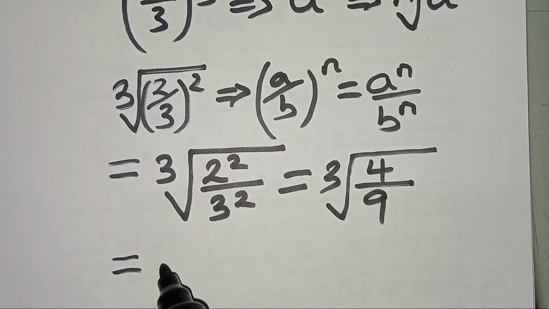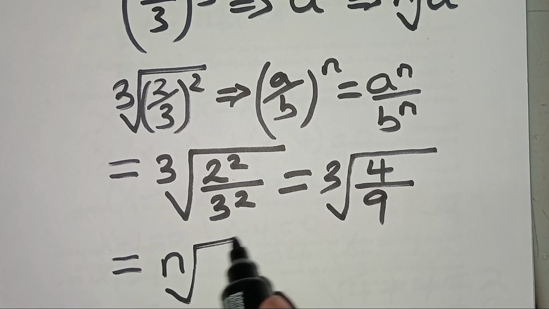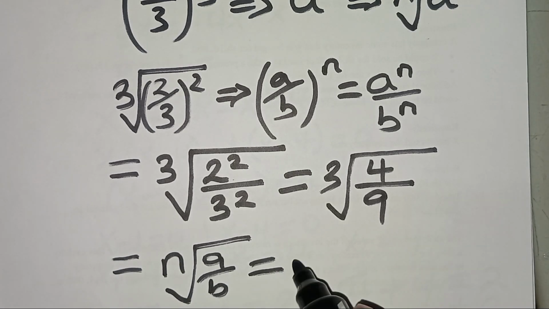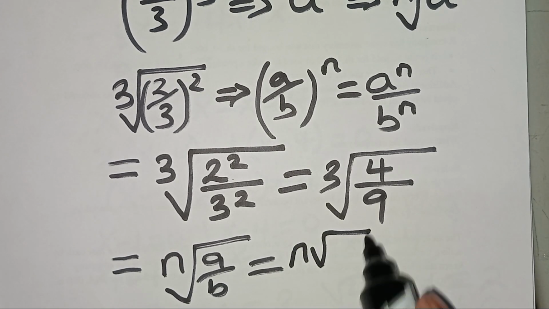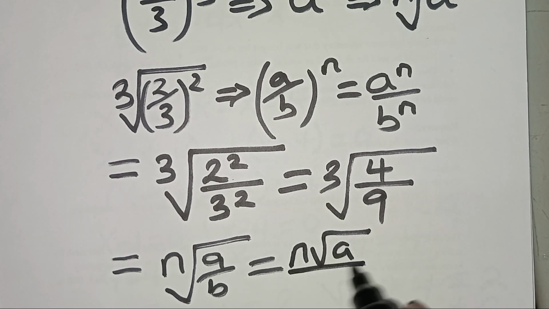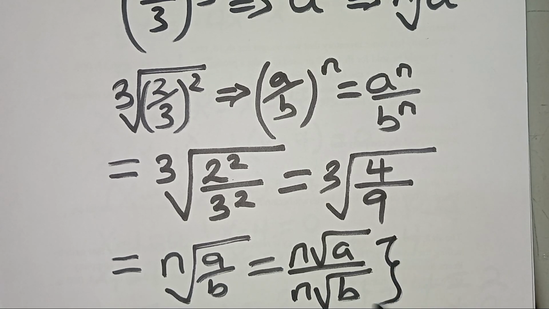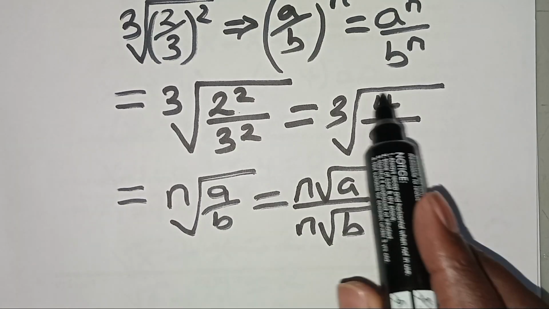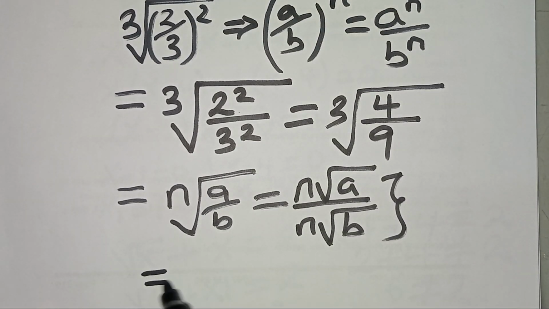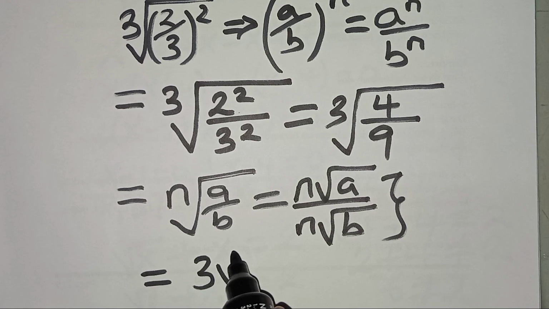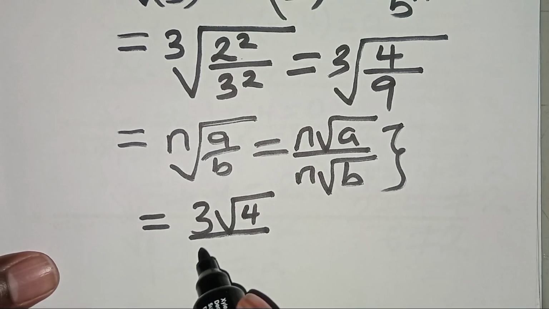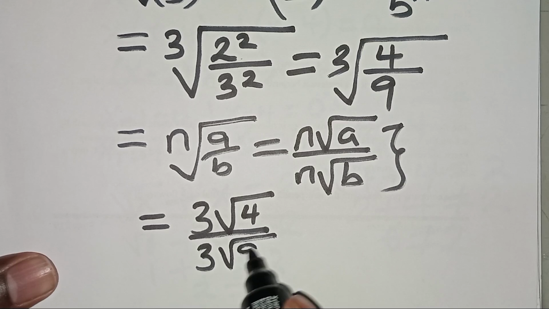Now, the cube root of 4 over 9 is in the form of the nth root of a over b, which we can express as the nth root of a divided by the nth root of b. Applying this property, the cube root of 4 over 9 can be expressed as the cube root of 4 divided by the cube root of 9.